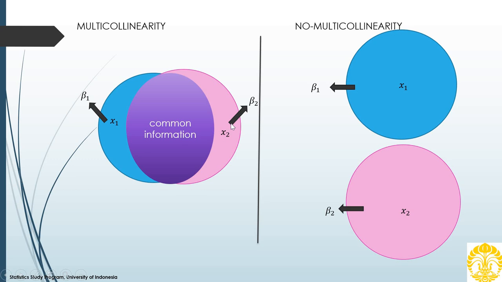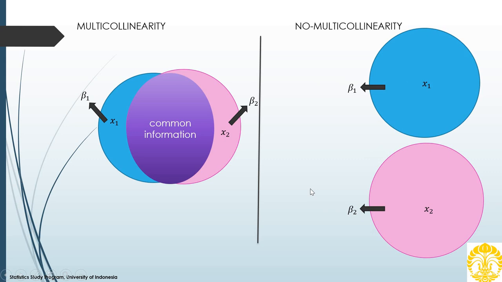But since there's overlapping information from x1 and x2, the part explained by x2 only is just the light purple here, while when there is no multicollinearity it is the whole part here. Okay, so that's why partial interpretation, or interpreting the contribution of each variable, in the case of multicollinearity is not recommended. No multicollinearity is fine.